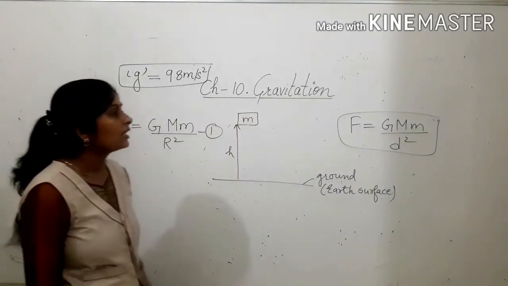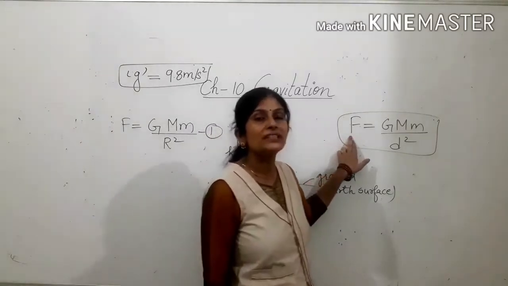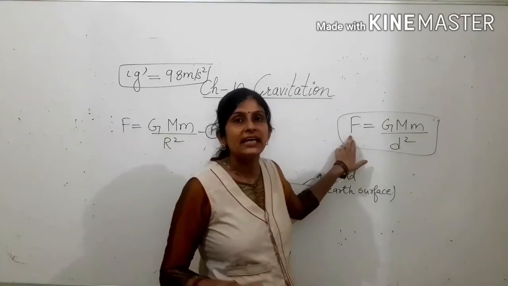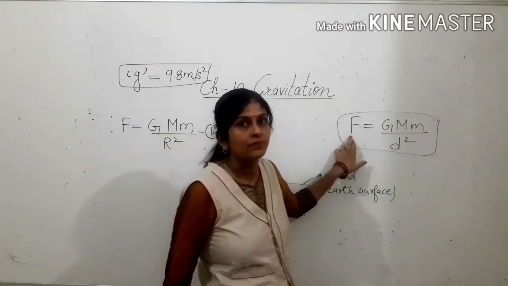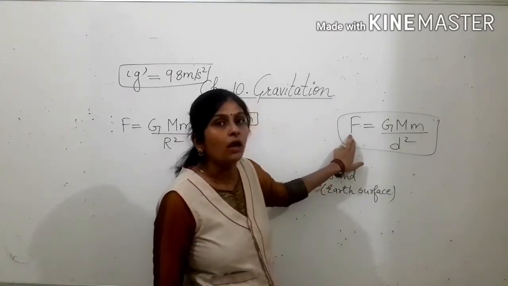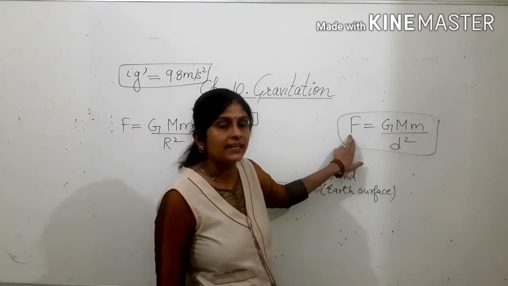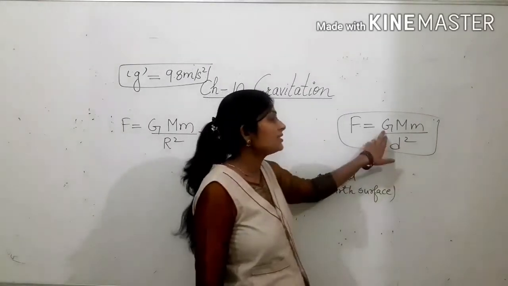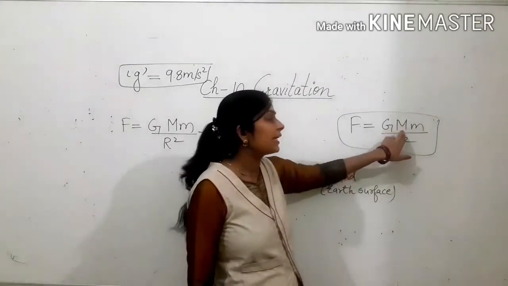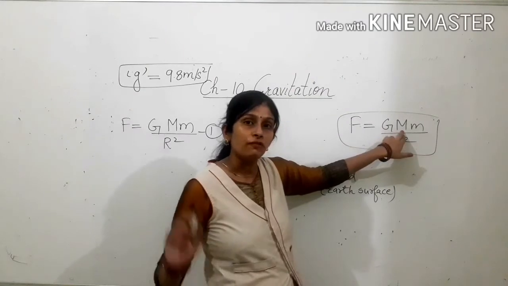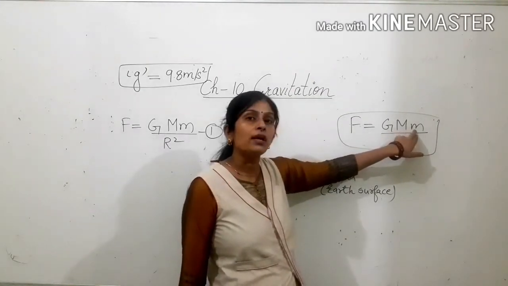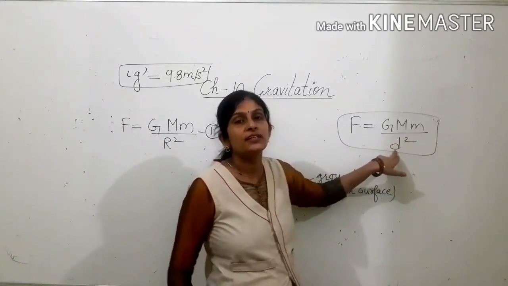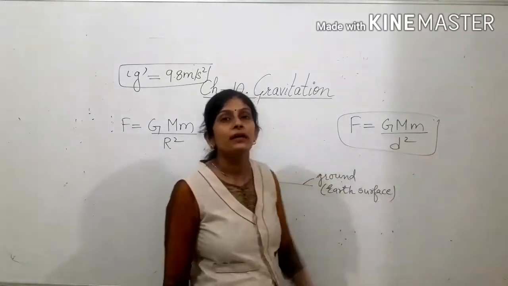Why? Because if the gravitational force is acted between two celestial or heavenly bodies like Earth and Sun, then we apply this formula of gravitational force, that is F is equal to G M m upon d square, where G stands for gravitational constant, capital M stands for mass of first object, small m stands for mass of second object, upon d, the distance between them, square.